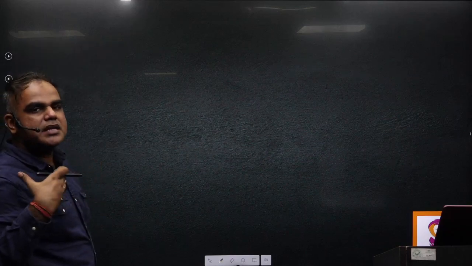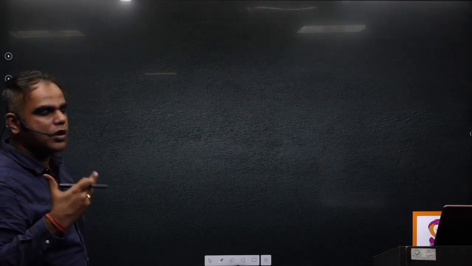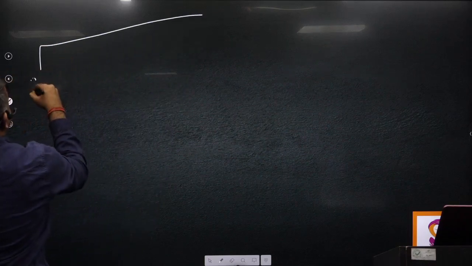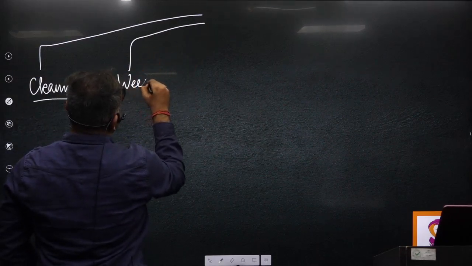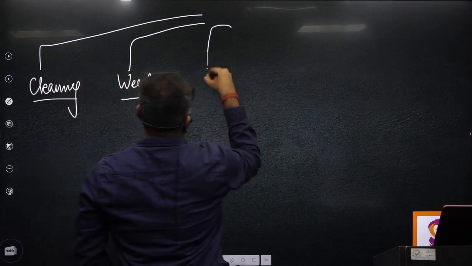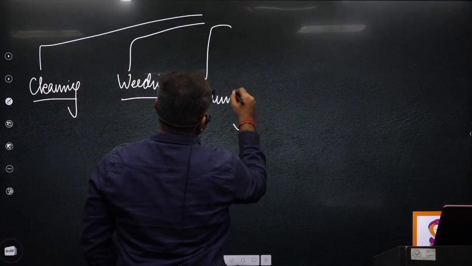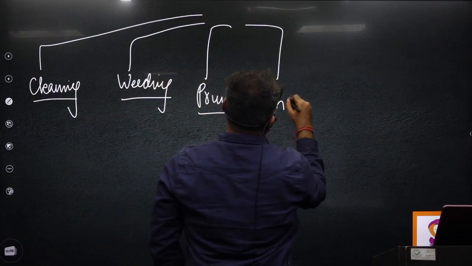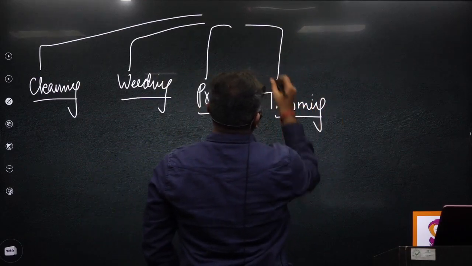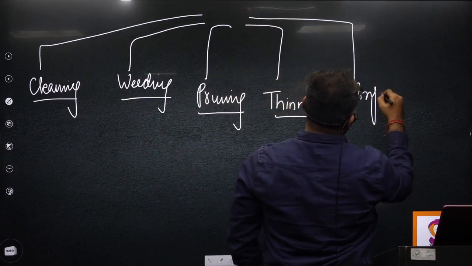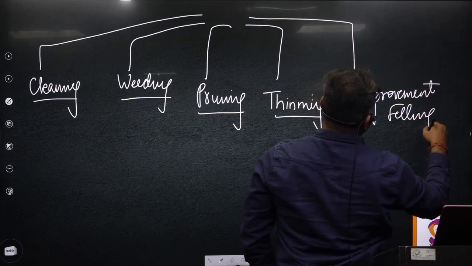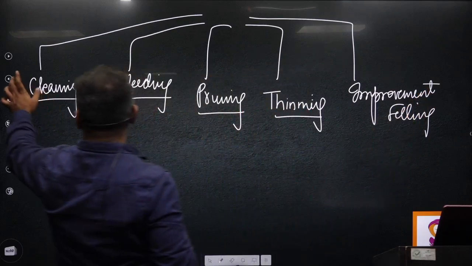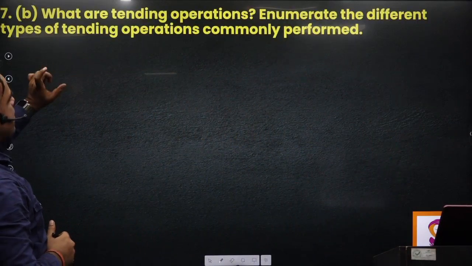You will talk about what are the various tending operations, which again help in basic stand management, in the canopy management, overall silvicultural operations, right from cleaning, okay, weeding, pruning, thinning, even for example we can say improvement felling, I can even add a couple more, but basically the question is all these are the common type of tending operations that are there.